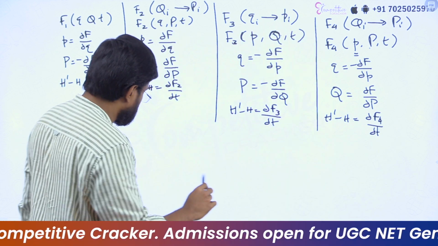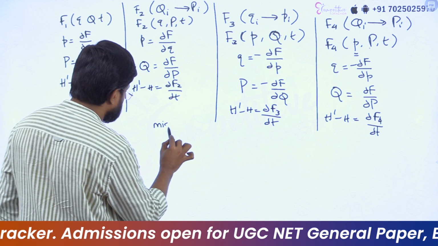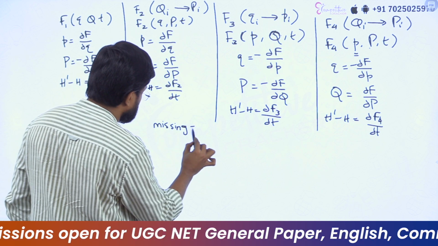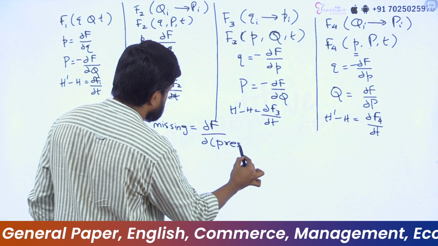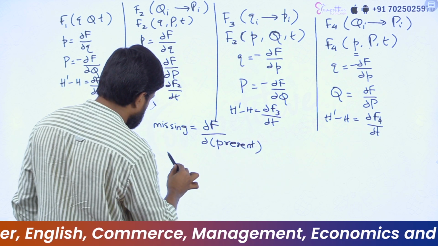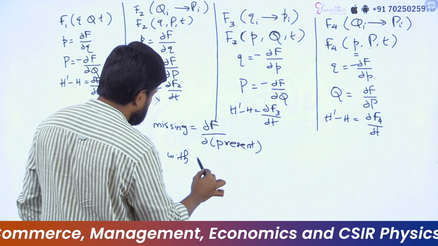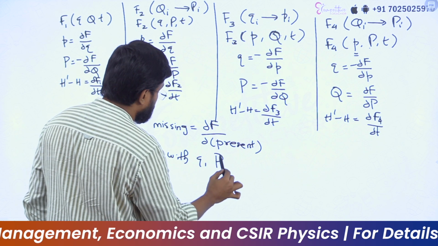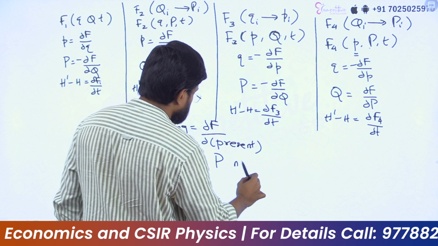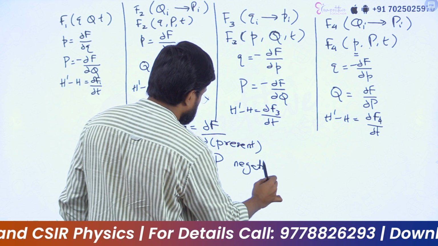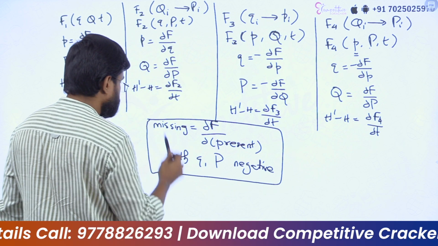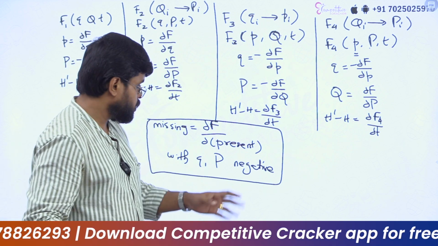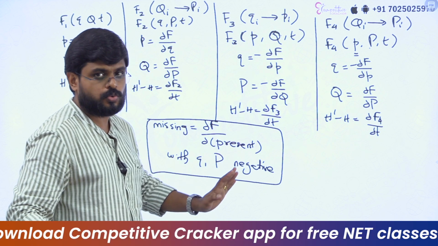So always remember, missing term is equal to ∂F by ∂present, with small q and capital P negative. Is it clear? I hope it is very clear to you.